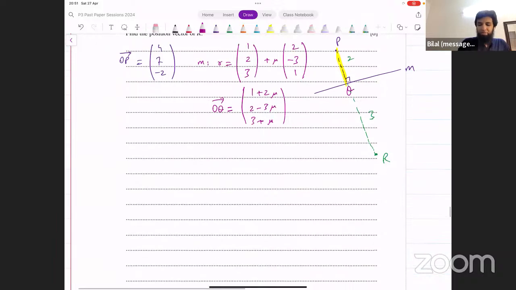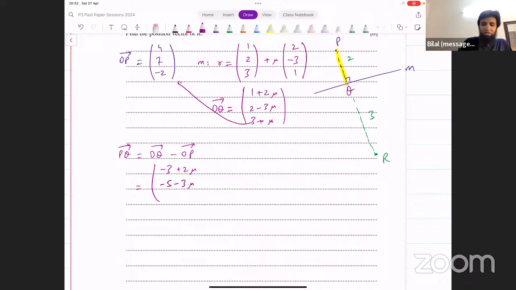And now let's find the vector PQ. What would that be? PQ would be OQ minus OP. So from this vector, I'm subtracting this vector. Let me do that directly now. 1 minus 4, that will be minus 3 plus 2 mu. This minus 7. 2 minus 7 is minus 5 minus 3 mu. 3 minus minus 2, that's 3 plus 2, that's 5 plus mu.